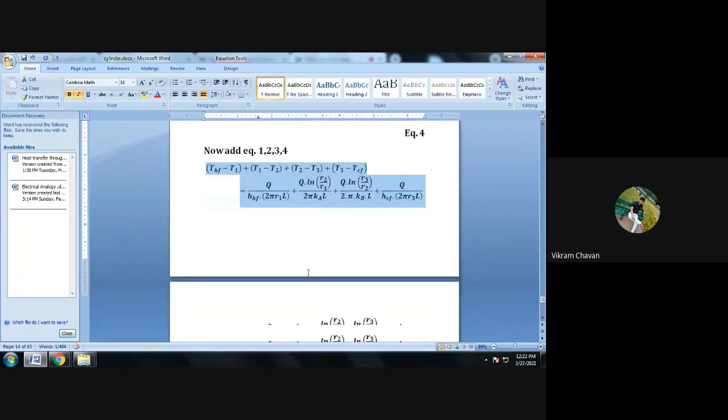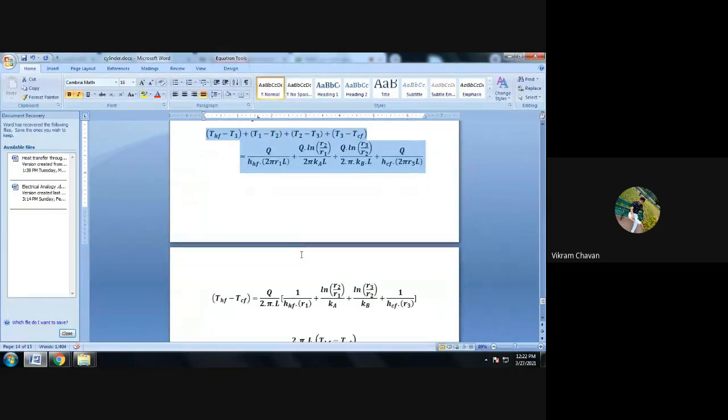So in the next line you can write the equation as T_HF − T_CF is equal to, now from the right hand side, Q divided by 2πL is common in all the terms. So we have taken Q divided by 2πL out of the bracket.